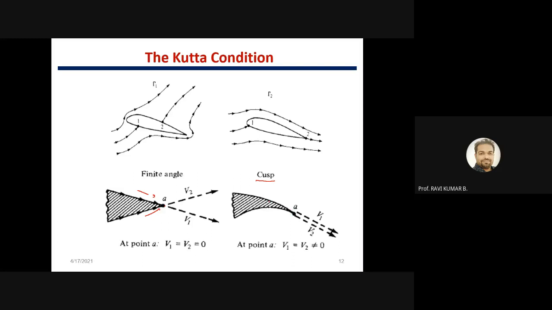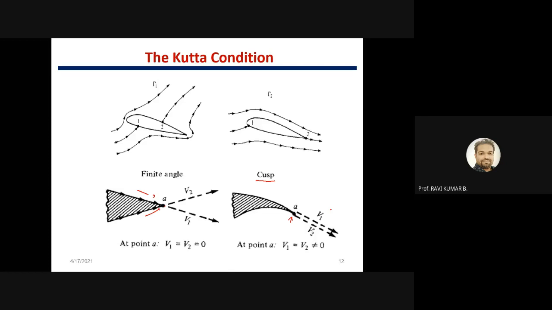The flow leaving the top surface and bottom surface are not equal to zero, but still there is no generation of trailing edge vortices. So at point A, if you measure the velocity, it will have some value, but they will not generate any kind of vortices.